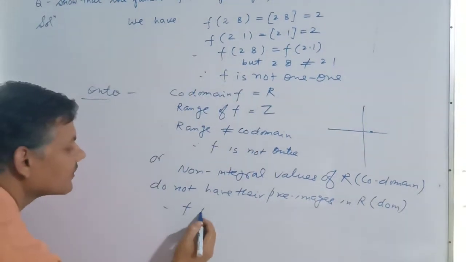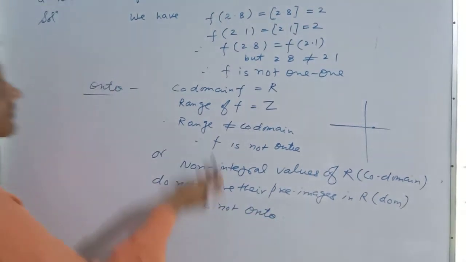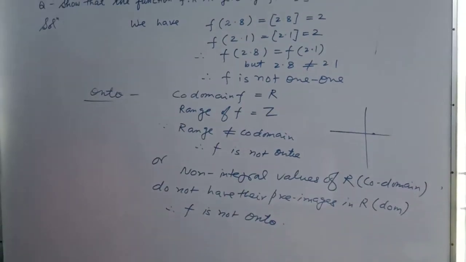Therefore f is not onto. The same case, it is neither 1-1 nor onto.